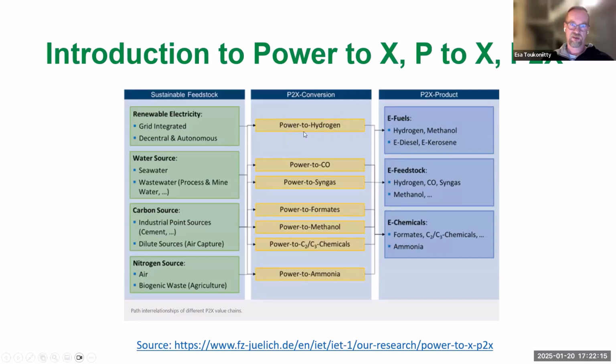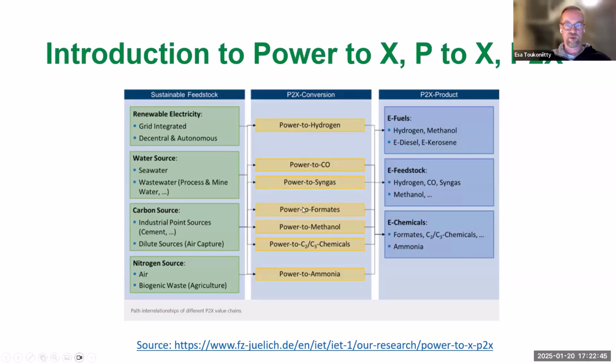Basically, just electrolysis of water making hydrogen, then converting it to CO, so carbon monoxide. That is a quite reactive molecule. It's an ingredient in so-called syngas or synthesis gas, which typically is a mixture of, let's say, carbon monoxide, hydrogen, and to some extent smaller amounts of other gases.